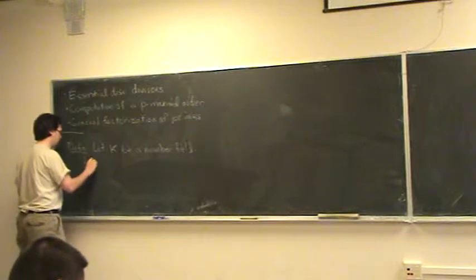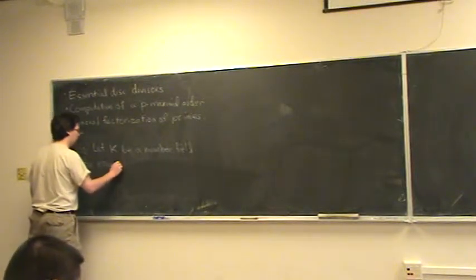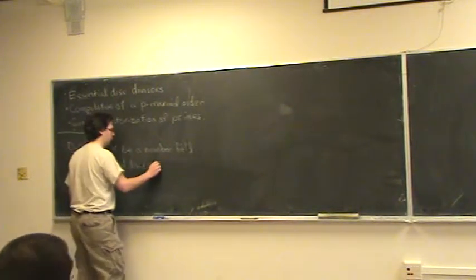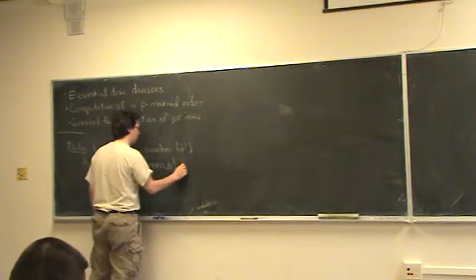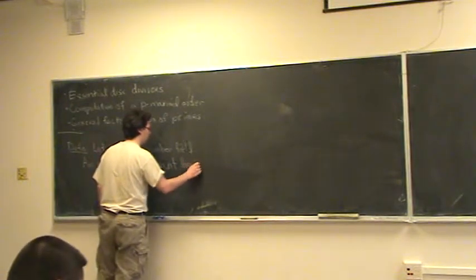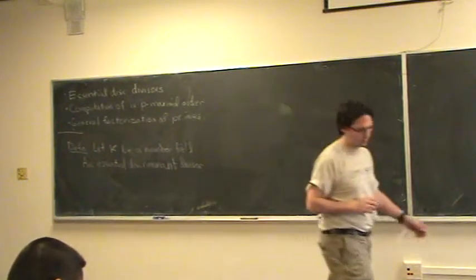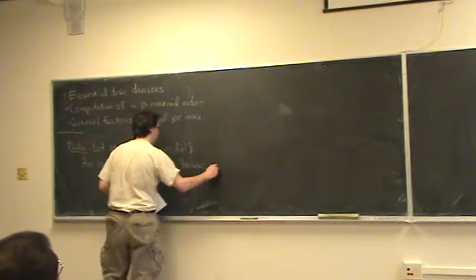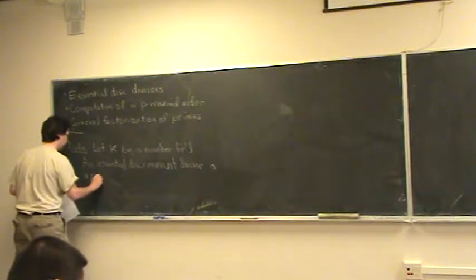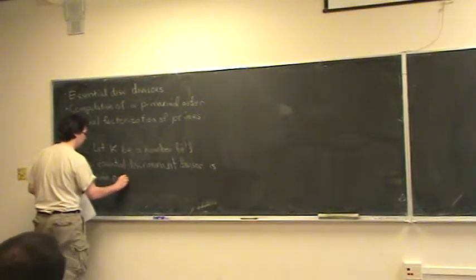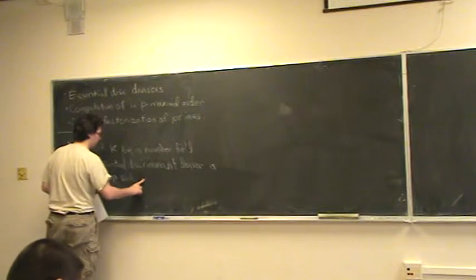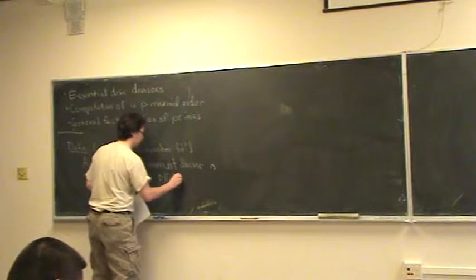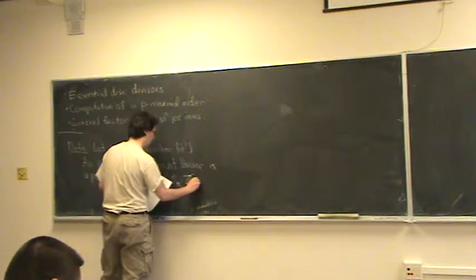An essential discriminant divisor is a prime P such that P divides the index in OK of any monogenic order.